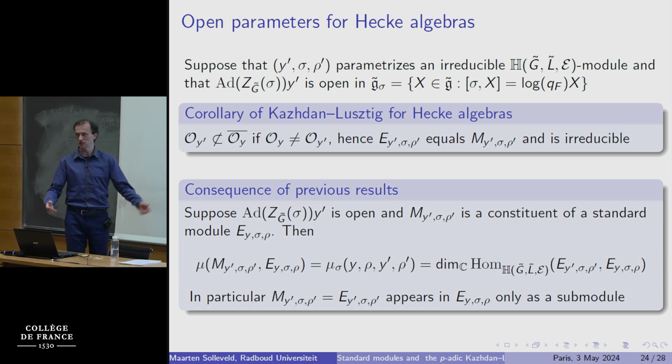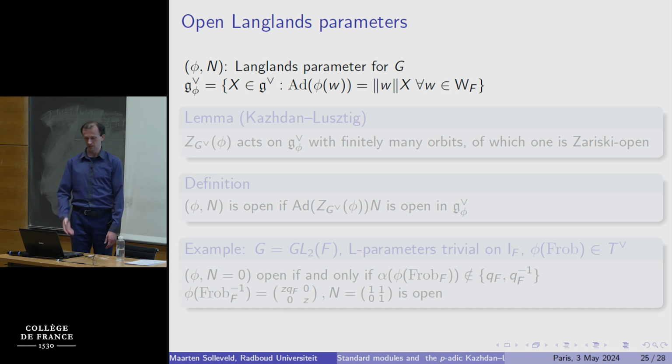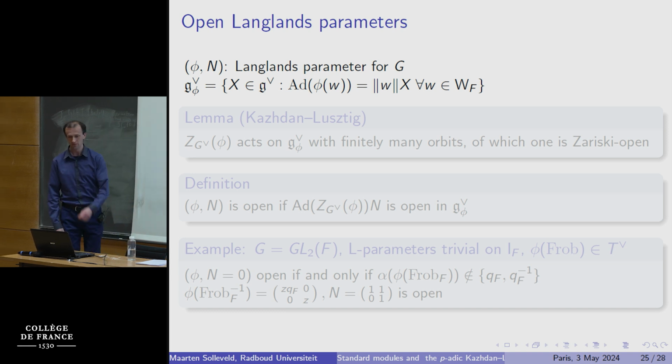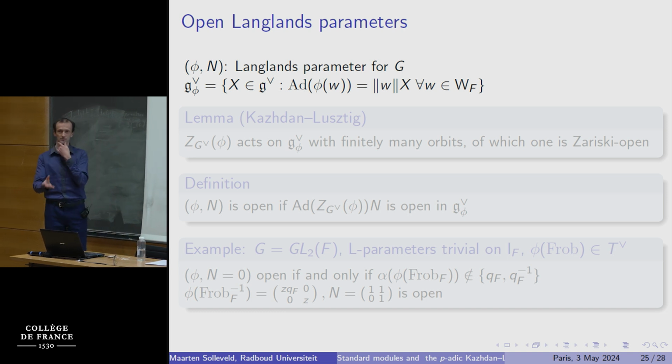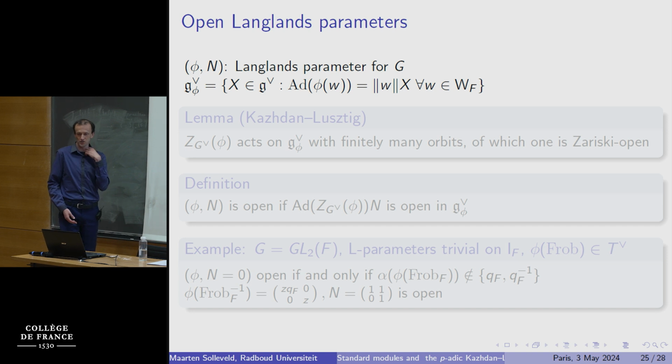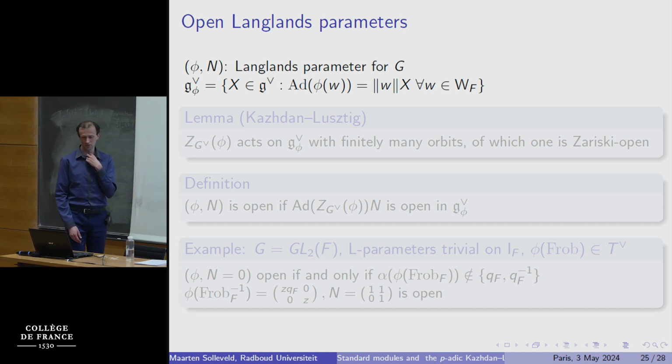And, well, again, this is only for Hecke algebras, but it also works for Langlands parameters. Only there, I cannot prove it in this many cases, but the strategy is the same. So this is a notion which came up a few years ago, the notion of an open Langlands parameter, which just means that, okay, you take your Langlands parameter in very linear form, then the phi specifies a certain vector space consisting of nilpotent elements.